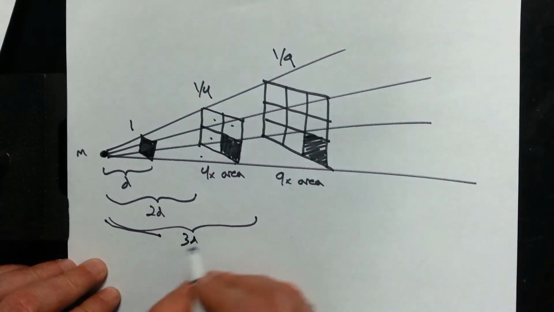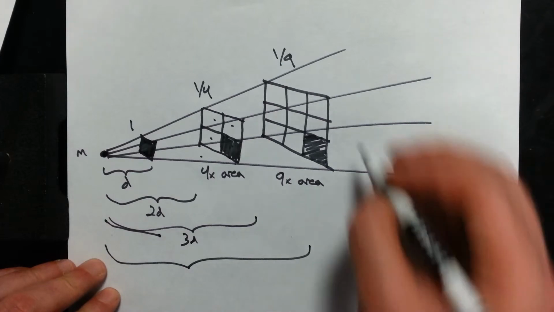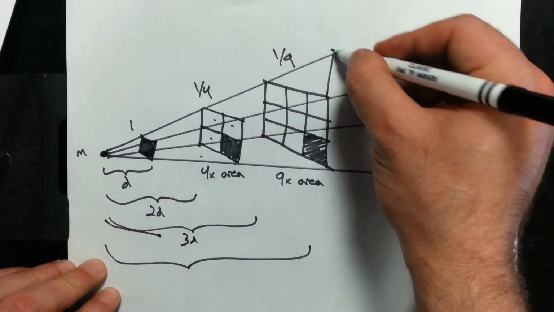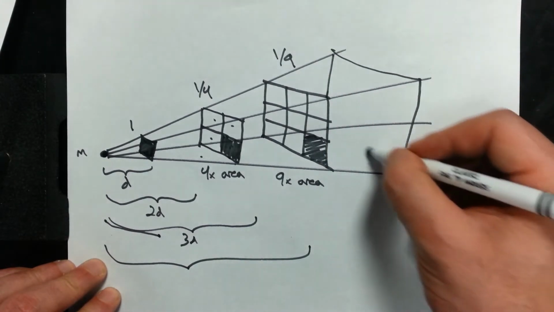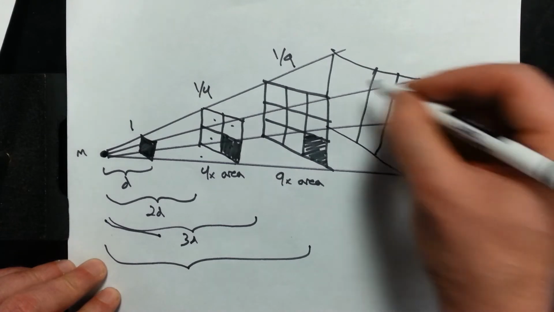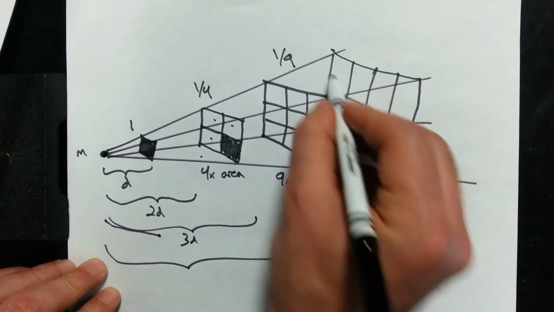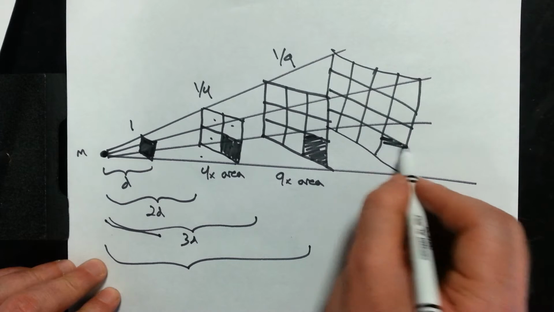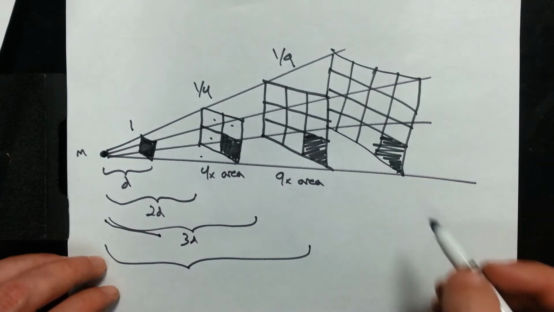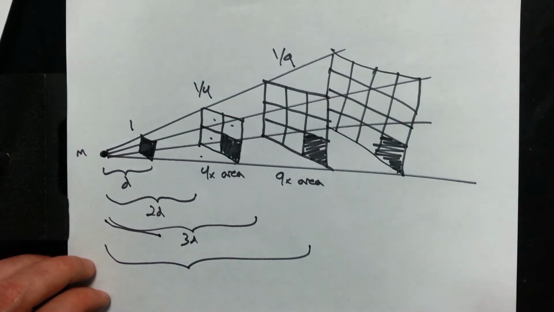You could take a guess if I go all the way out to 4 times the distance, you'd imagine that this is going to spread out to 16 times the area, and you're only looking at 1/16 of the space, and 1/25th, and 1/36th, so on and so forth.